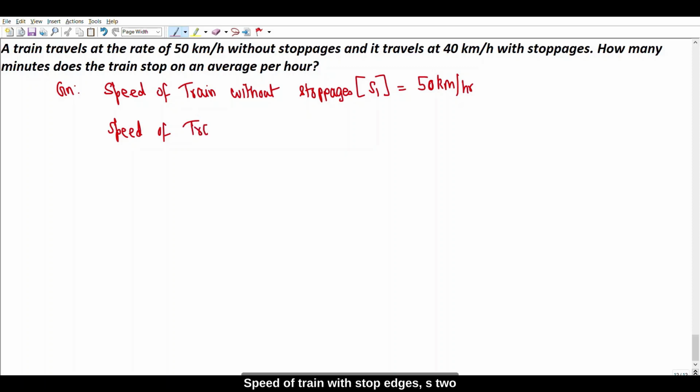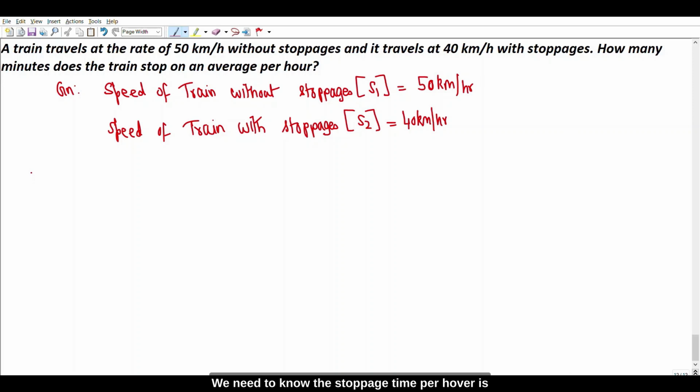Speed of train with stoppages S2 is equal to 40 km per hour.